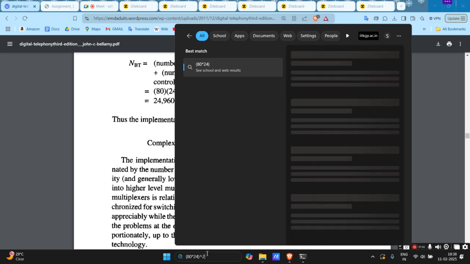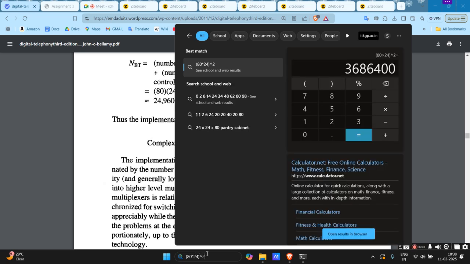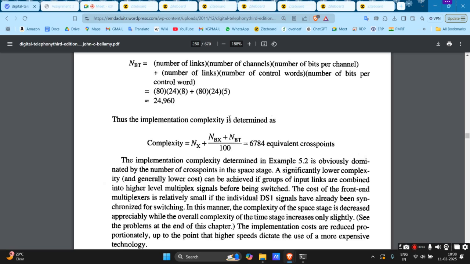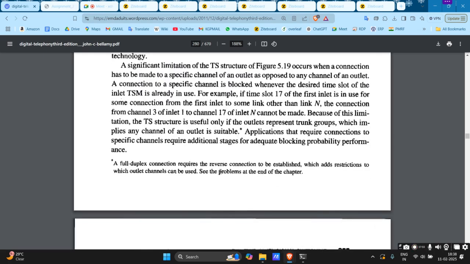You will need around 36 lakh switches. And here you need only 6,700 cross points. So 36 lakh cross points versus 6,700 cross points. So compared to purely space switching or purely time switching, we are saving a lot using this space-time switching.